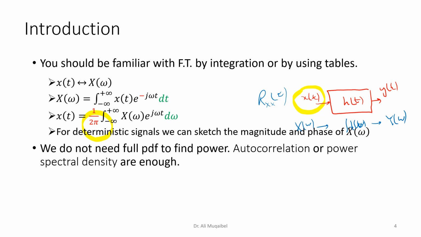If it's a random signal, all we need is the autocorrelation or the equivalent frequency domain alternative, which is the power spectral density. To sum up, in this slide, we explained that we don't have deterministic signals, and in time we're going to use the autocorrelation. In frequency, there is an equivalent quantity, which is the power spectral density.